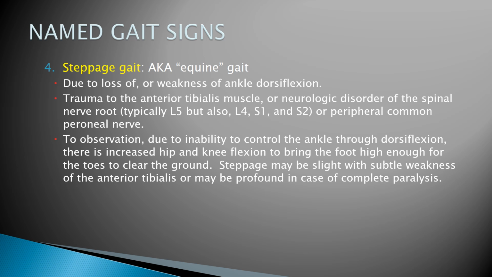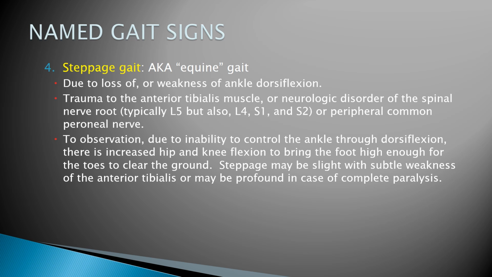Now, this can be due to a direct trauma to the anterior tibialis muscle, such as a contusion, or can be due to a neurologic disorder of the spinal nerves, typically L5, or due to injury of the common peroneal nerve. And I don't know if you've ever had an injury to the common peroneal nerve, but I have.